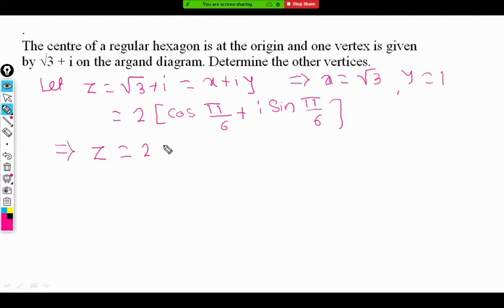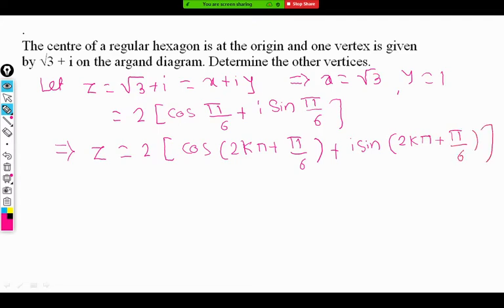So this is 2 cos of 2k pi plus pi by 6 plus i sine of 2k pi plus pi by 6. So this is just replacing theta by theta plus 2k pi to get all roots.